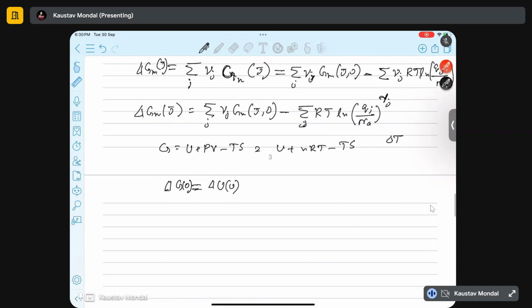So we can write the change in Gibbs free energy at T equal to 0 in terms of the change in internal energy at temperature 0, right?